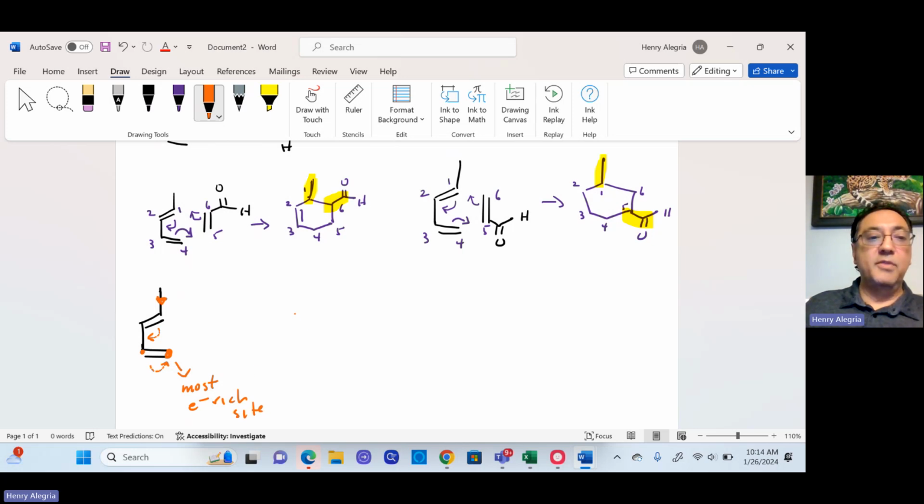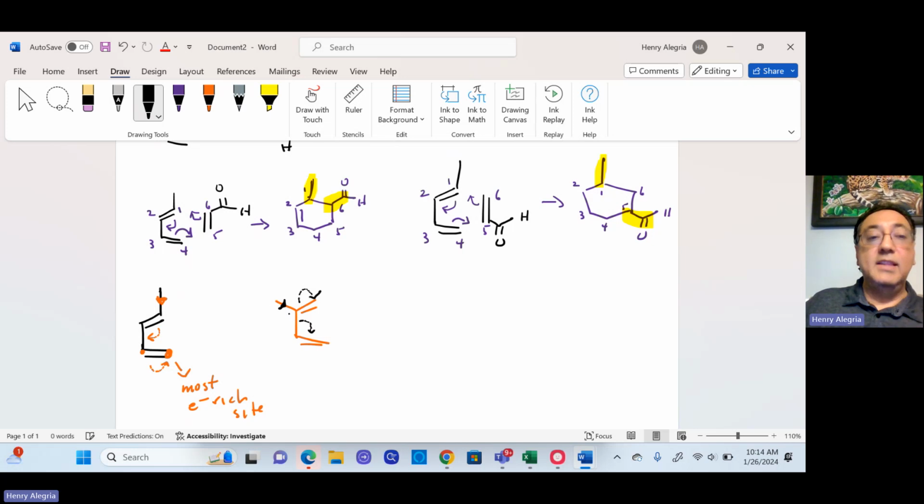Now notice the difference. If I were actually having this one, in this case, when my alkyl group pushes electron density, then these electrons would move over onto that carbon. Now, if you're asking, couldn't they move in that direction?